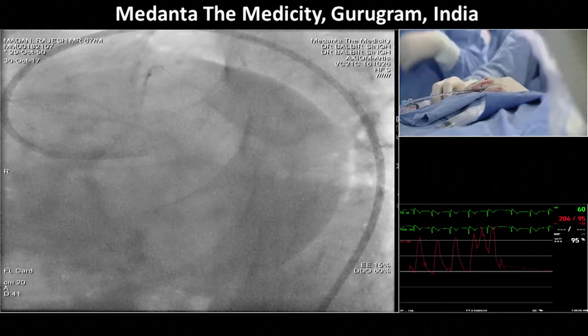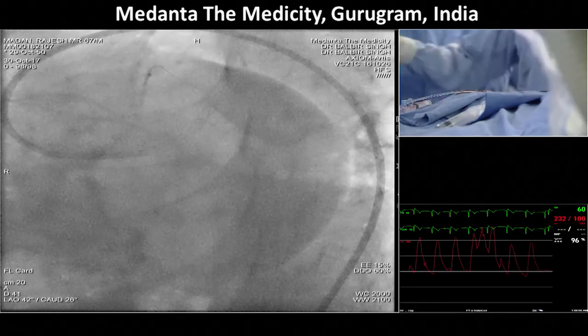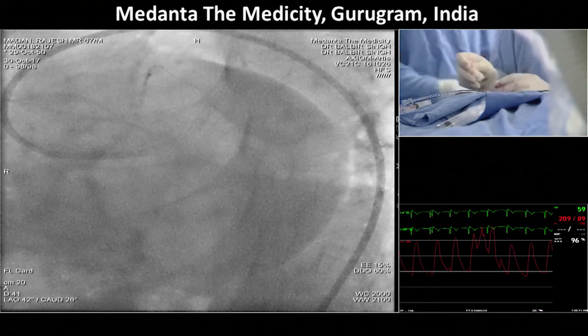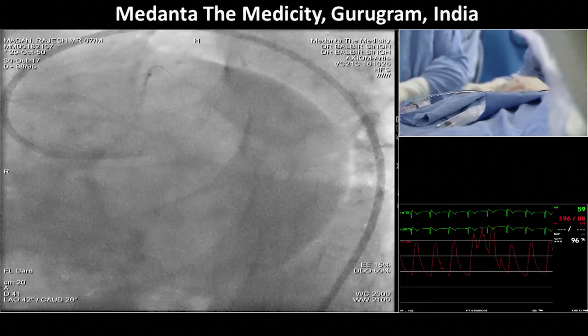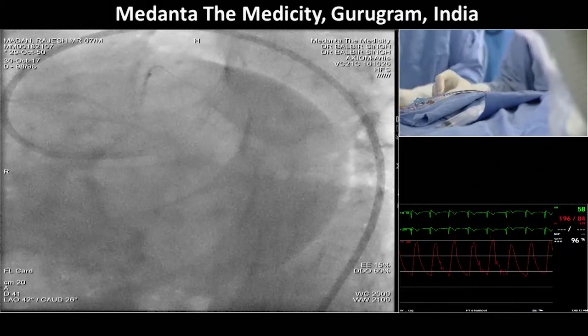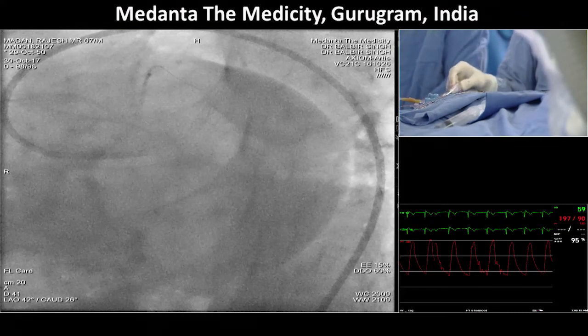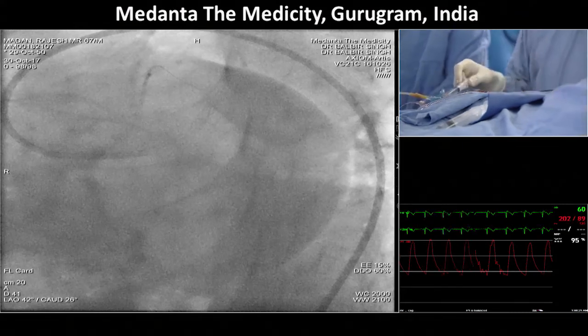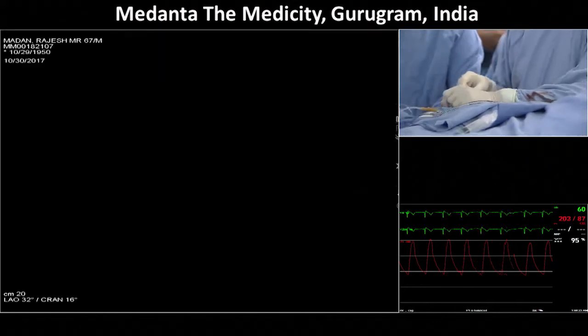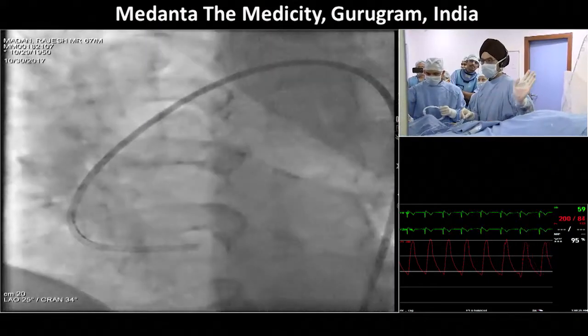I think the advantage of using the LAO cranial allows you to really make sure you cover the ostium, because you will have some protrusion because of the angle, but you just want to make sure you don't miss the ostium. The current generation of stent is usually very easy to be shallow.